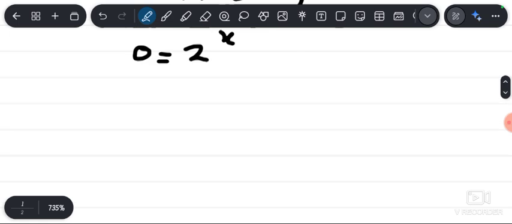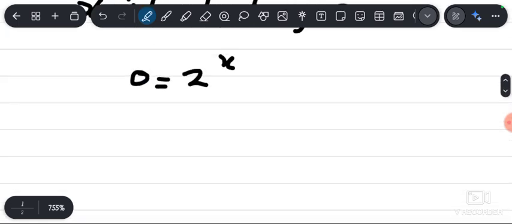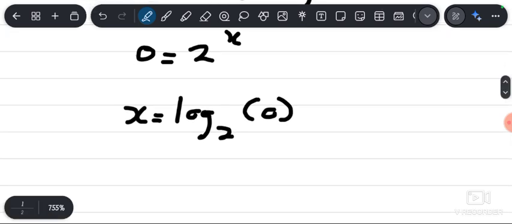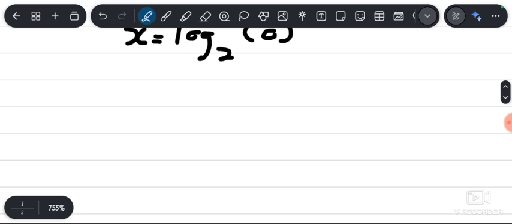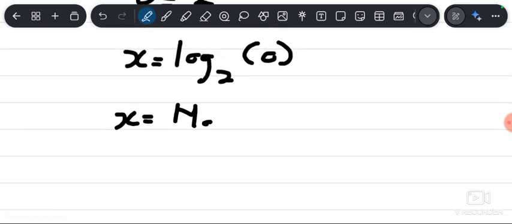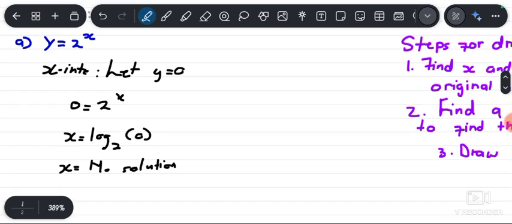Then, as I said, always when you try to find an exponent that is a variable, then you're going to see that x, the ABC to CPA method, log 2 of 0. What did I say about this? I said there is no log that is a 0. So here you can see that x is a no solution. What does this mean? It means that our graph doesn't have an x-intercept, and it's fine.